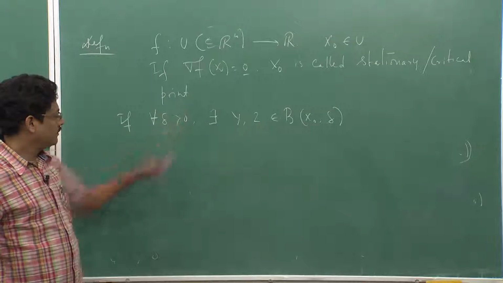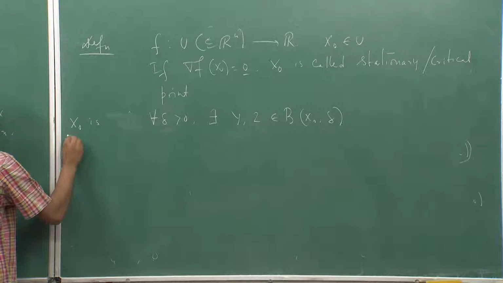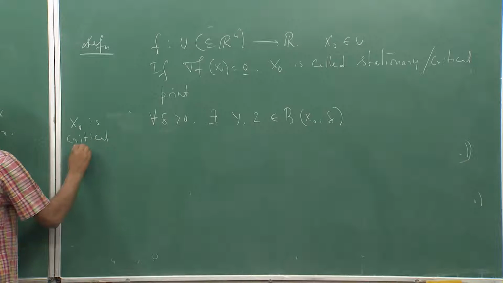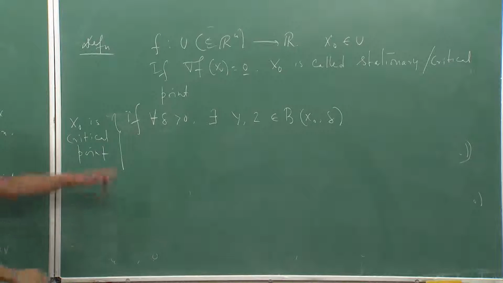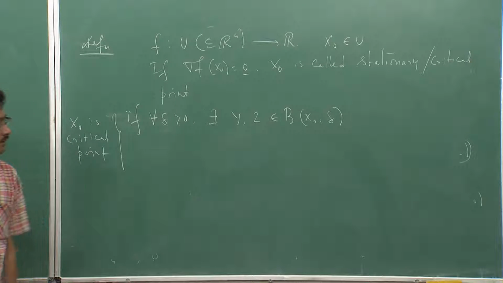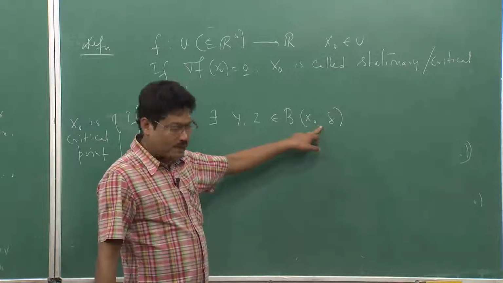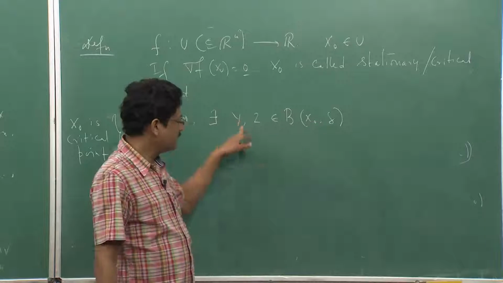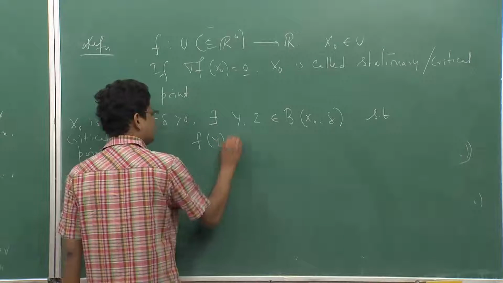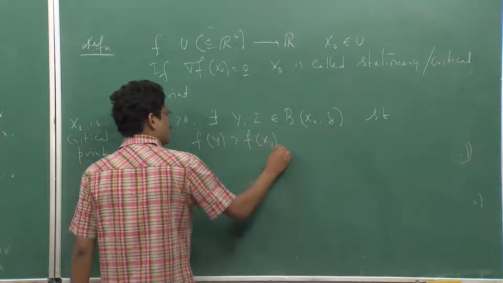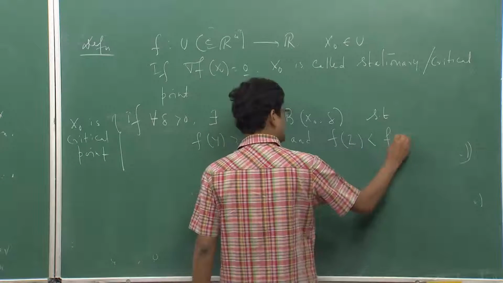So, x naught is a critical point, this is the assumption, and if for every delta greater than 0, if you look at any neighborhood around x naught, there exist y and z such that f of y is bigger than f of x naught and f of z is less than f of x naught.